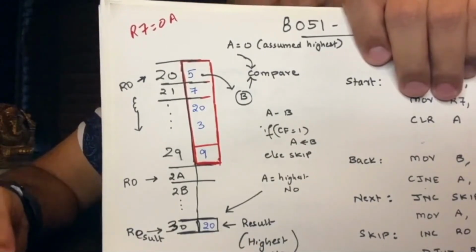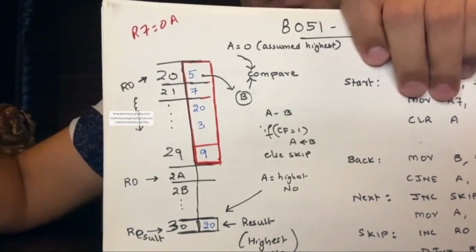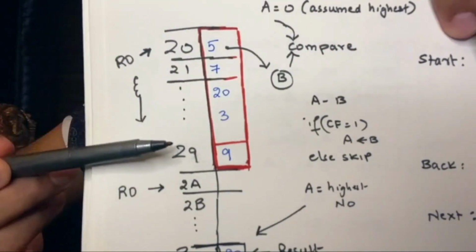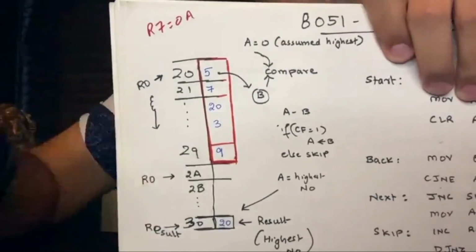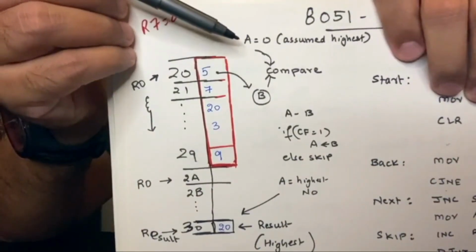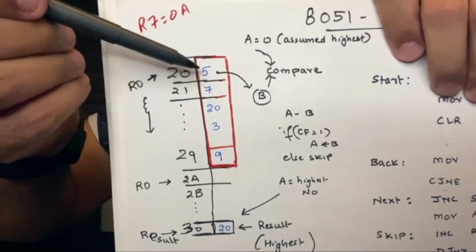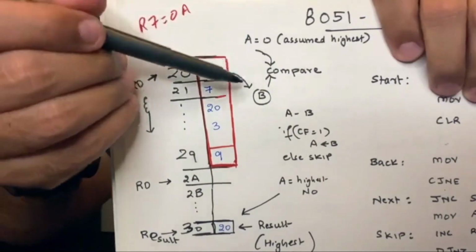What is the logic? In the loop, we will go on incrementing R0 so that it points to a new number every time. Are you clear? We will compare A and the number pointed to by R0. These two will be compared.